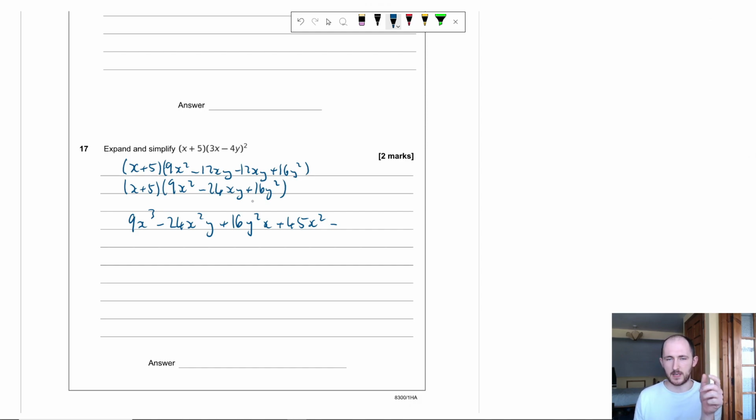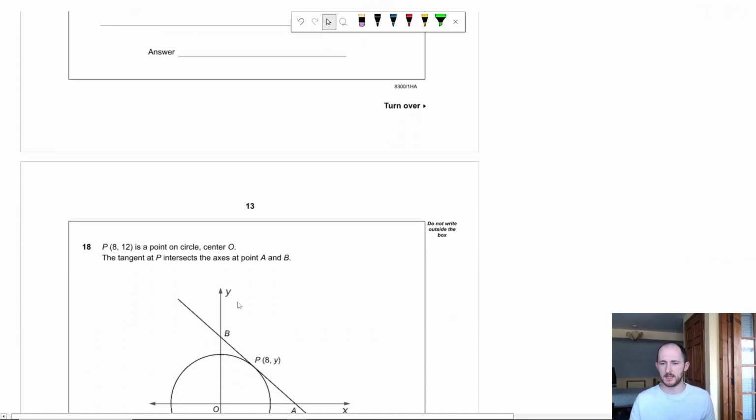So minus 24 times 10 is minus 240, half that is minus 120xy, and then again 16 times 5 would be 80y squared. And if I look, you can't actually simplify that any further, which is why this is only 2 marks, because there's only 2 steps. The simplify bit we don't actually have to do, because if you look, x cubed, nothing else, x squared y, nothing else, y squared x, nothing else, x squared, nothing else, xy, nothing else, y squared, nothing else. All easy, good job.